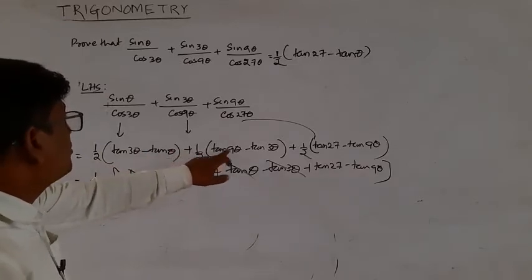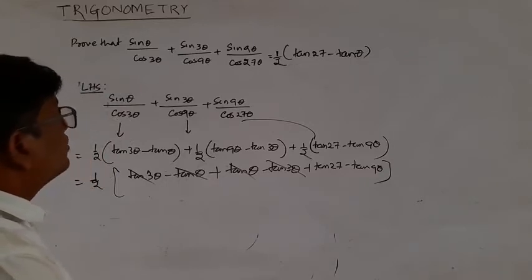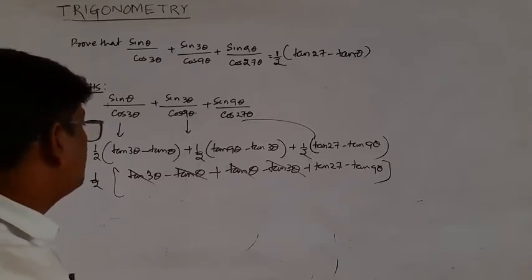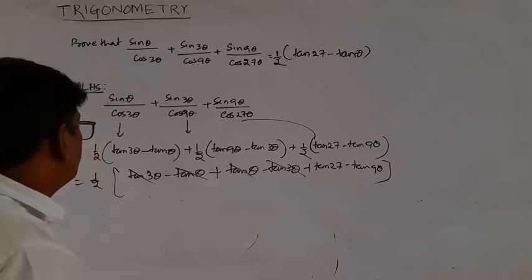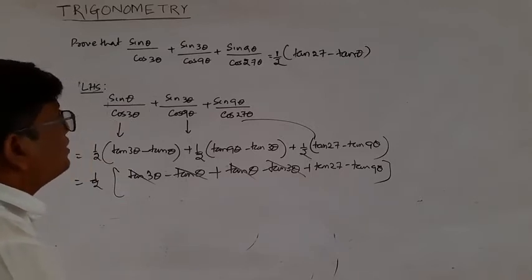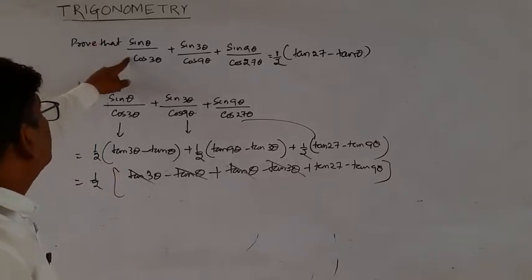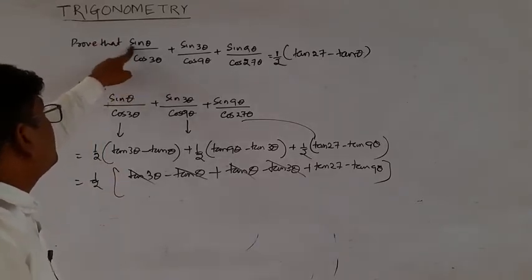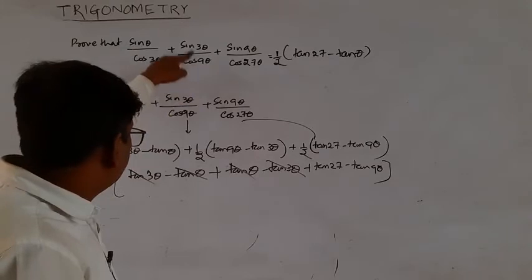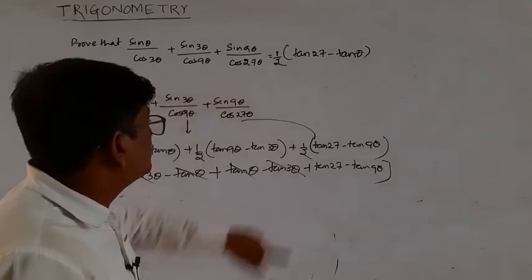So the answer is tan 27 theta minus tan 9 theta, okay. Here, that is tan 3 theta minus tan theta, and this is tan 9 theta minus tan 3 theta, and this is tan 27 theta minus tan 9 theta.